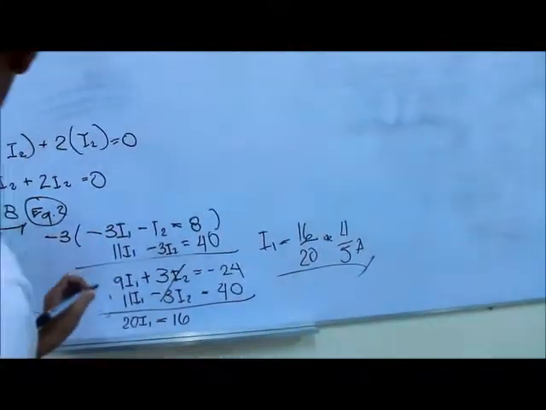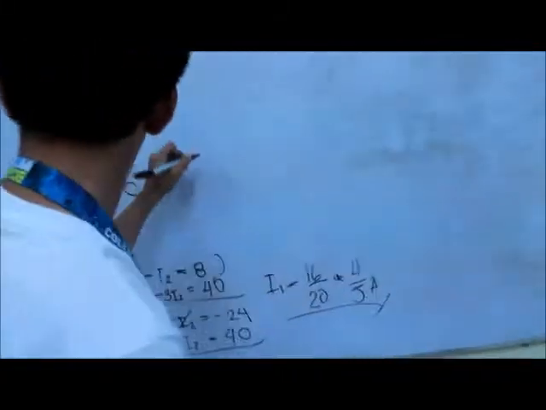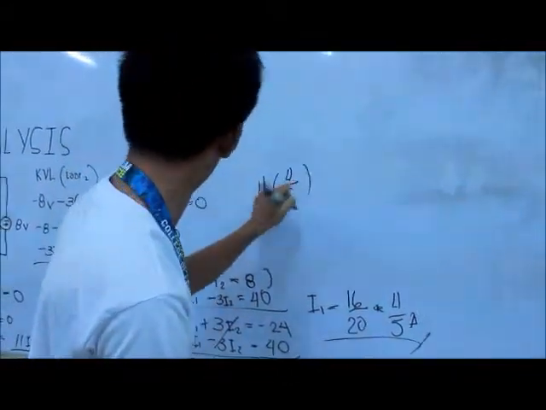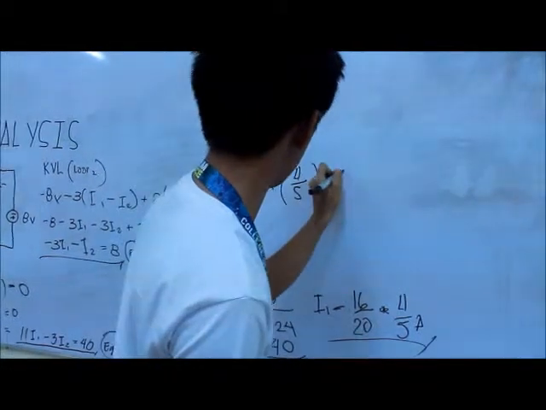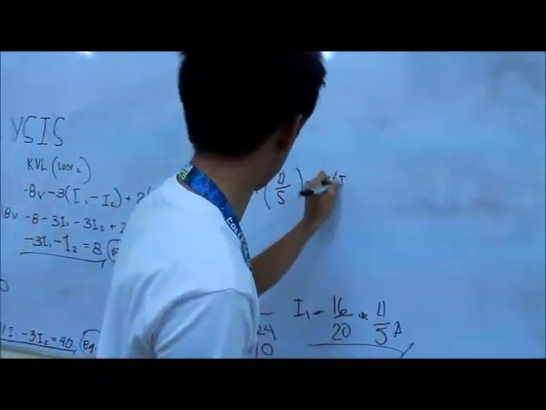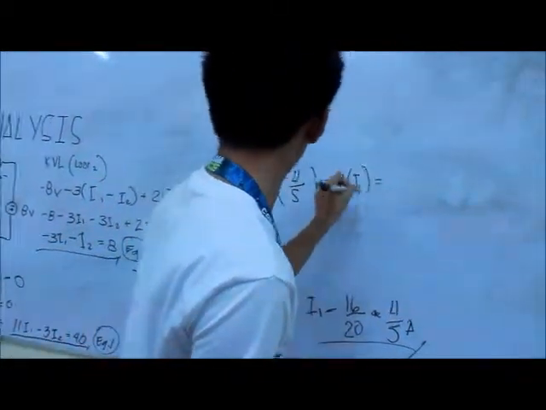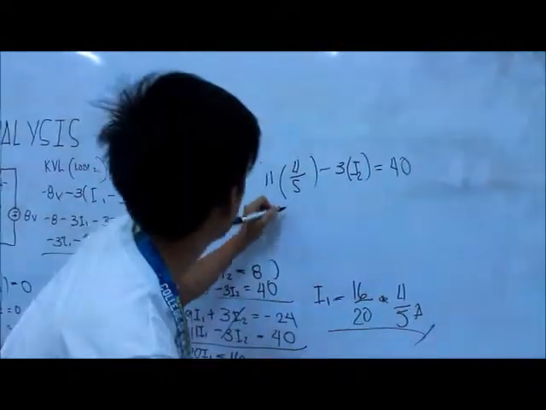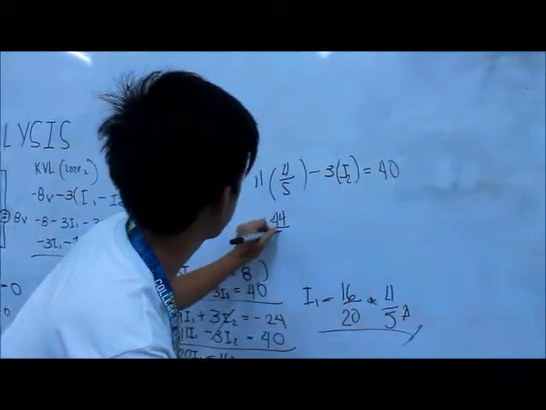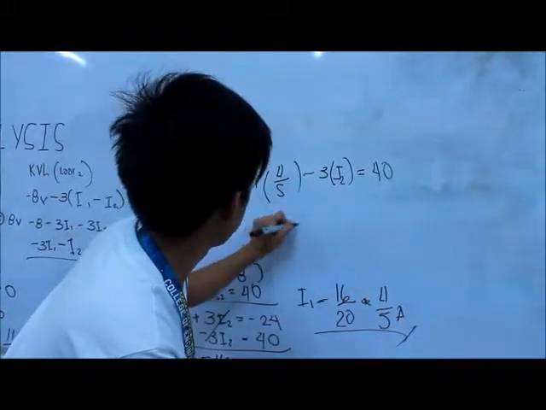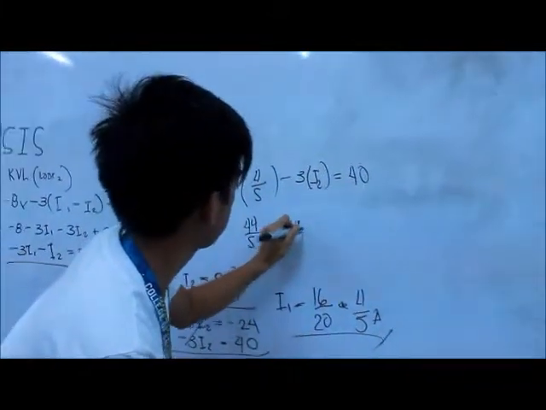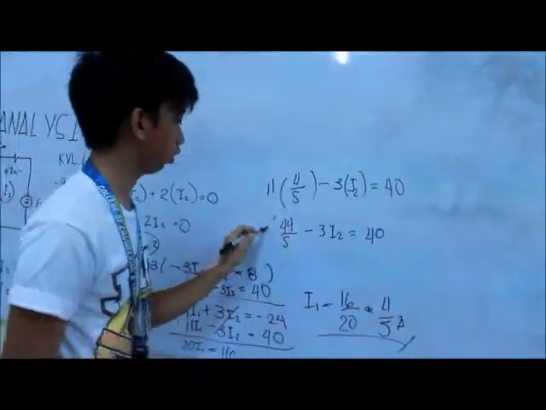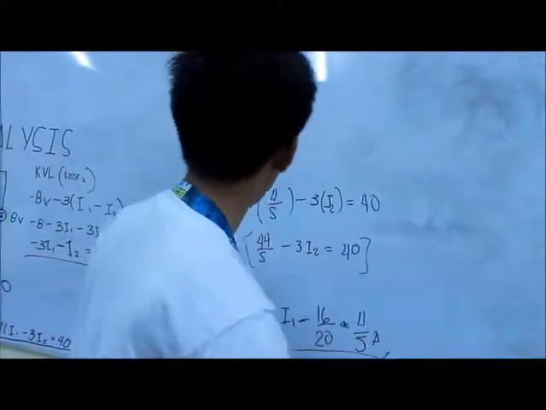So substitute 11 times 4 over 5 minus 3 I2 is equal to 40. So, 44 over 5 minus 3 I2 is equal to 40. And we multiply by 5.